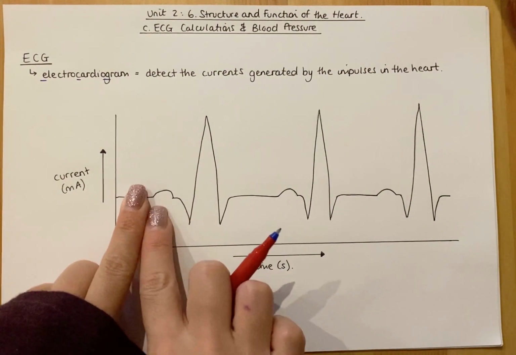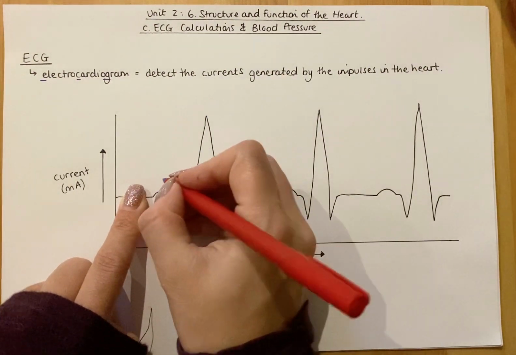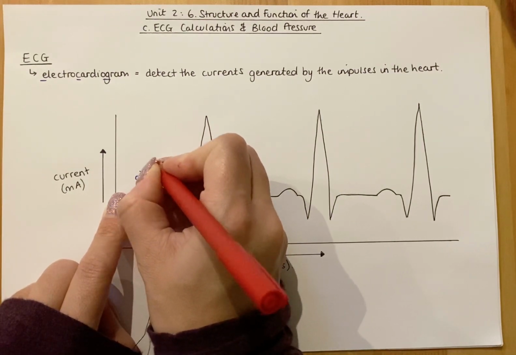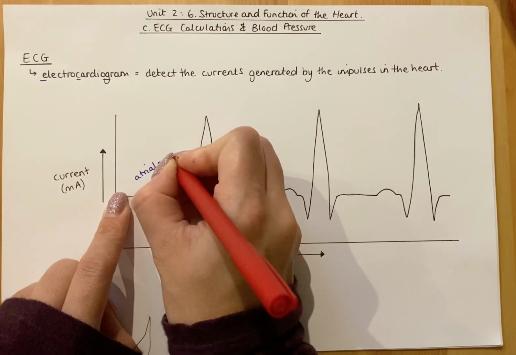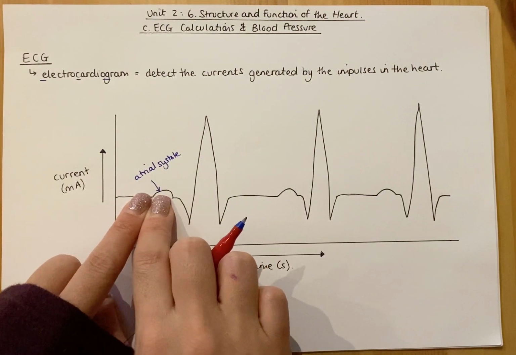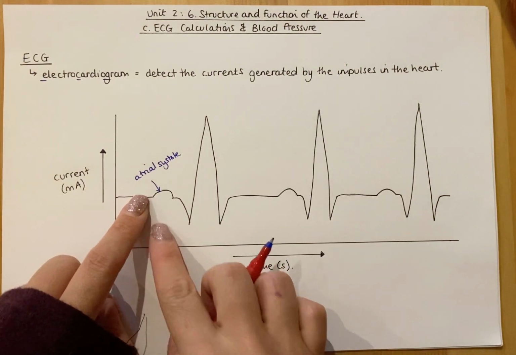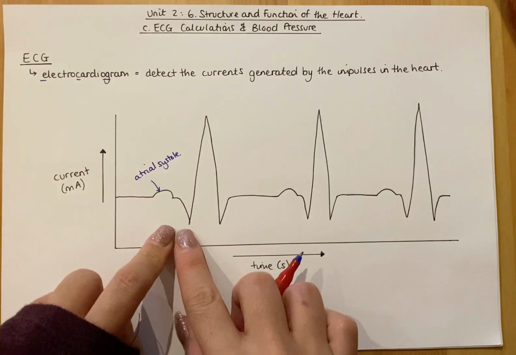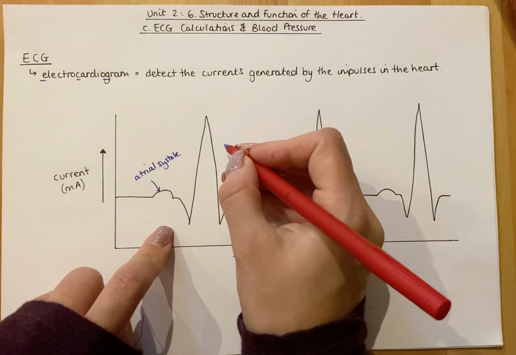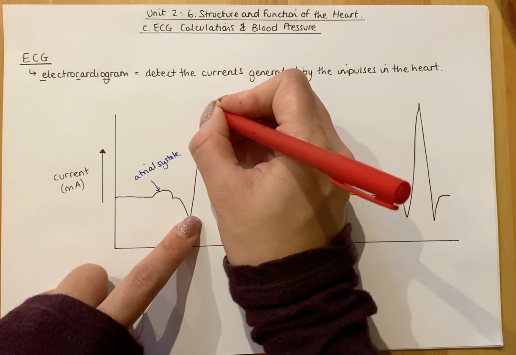So this part would be where the heartbeat would begin, and the first part of a heartbeat is the atrial systole. The reason that's small is because the atria are thin-walled and not very muscly, so they don't need a huge amount of an impulse to cause them to contract. Then there'll be a big surge, a large increase in that impulse and current, because this is where the ventricles are contracting, and this is ventricular systole.